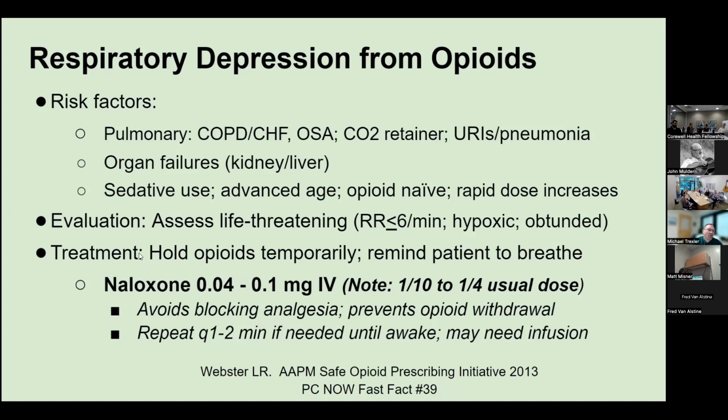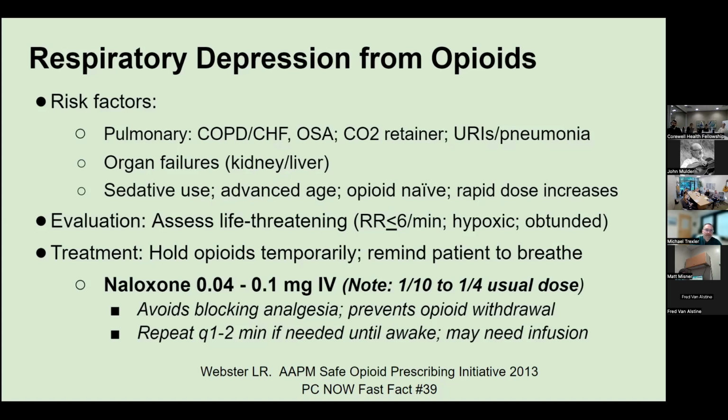Also, if they develop organ failure, so kidney and liver, because opioids are generally metabolized in the liver. Some are excreted hepatically, some are excreted renally, like morphine. Also, if they're on sedatives or have advanced age, if they're opioid naive, or if you're rapidly increasing their doses, then there'll be more risk of respiratory depression.